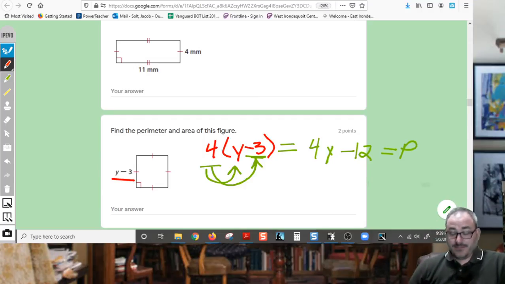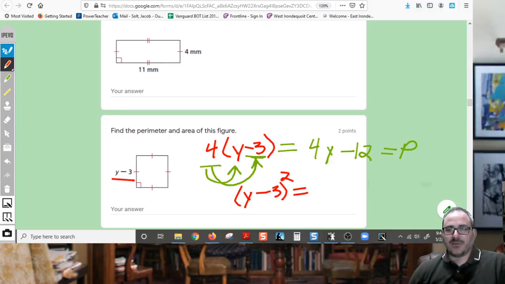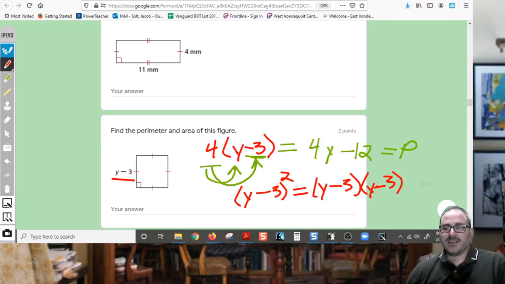Length times width, or side squared. Because this is a square, I could express this as y minus 3 squared, but in this case, I'm actually going to write it out and multiply it because I need to do some distribution. I'm going to want a little more real estate, and my big head's probably in the way of your being able to see what I just did.